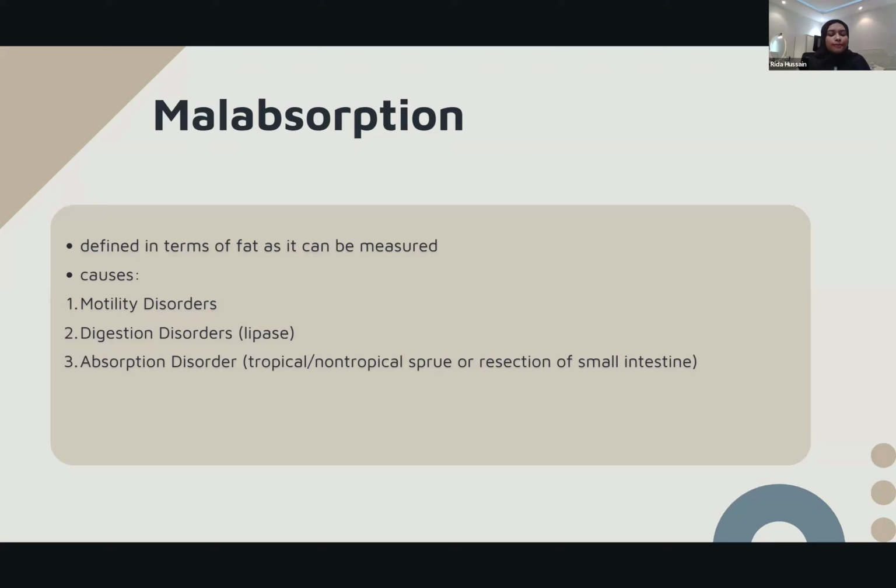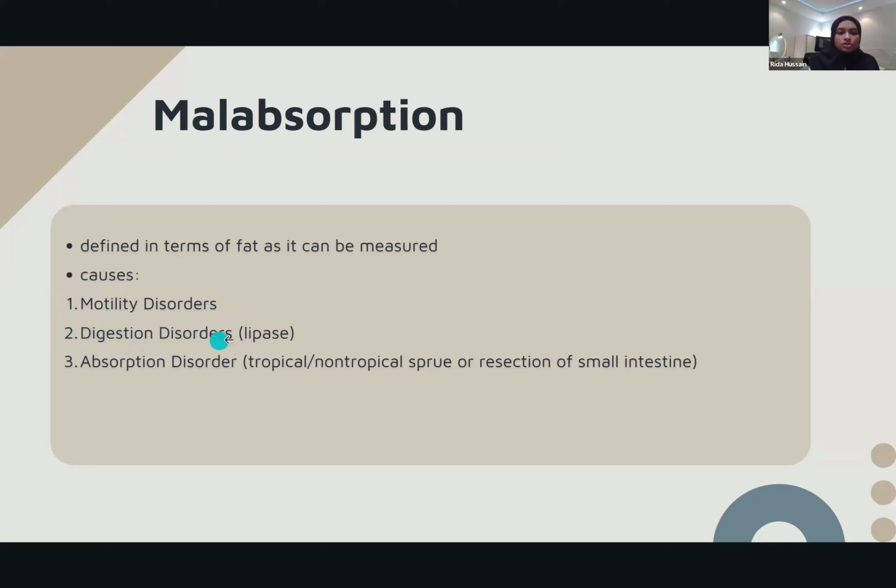If you're going too fast, that is a problem because you're not able to absorb all the nutrients you can from the food that you have eaten. If you're going too slow, then the normal microbiota can feed upon the food that you have eaten and cause an issue. And these motility disorders, as Angelica mentioned, are mainly neurological.